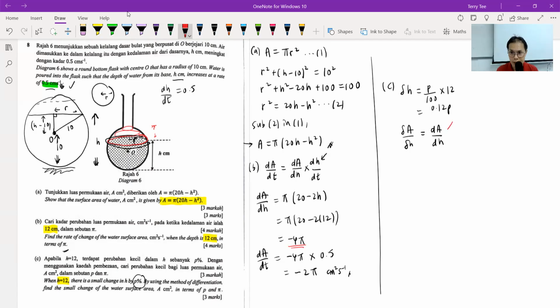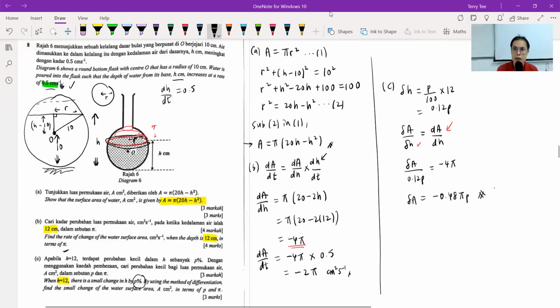So I know my dA/dh, I know my delta h, I can find my delta A. Delta A divided by 0.12p equals dA/dh, which is negative 4 pi. Let us multiply: negative 4 times 0.12, negative 0.48 pi p.